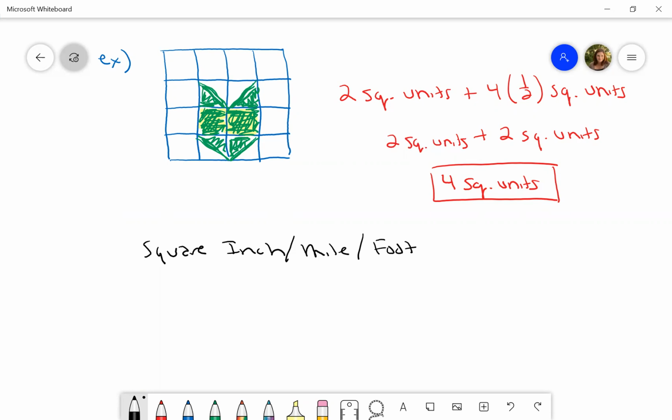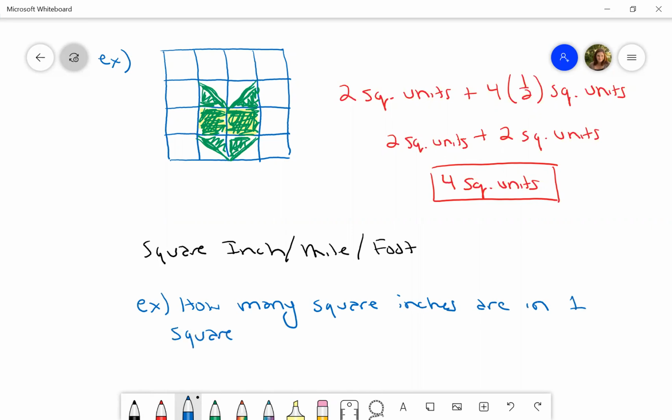So let's say, for instance, we're looking at a square foot. Let's say I want to know how many square inches are in 1 square foot.